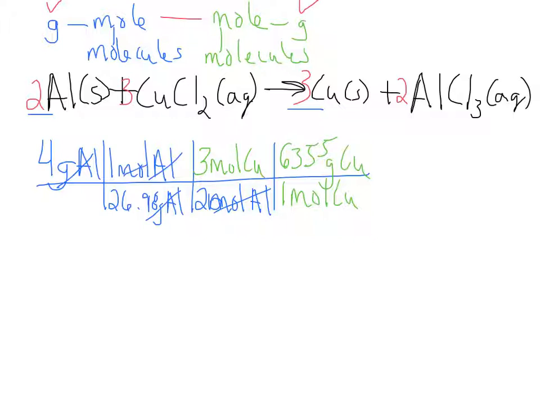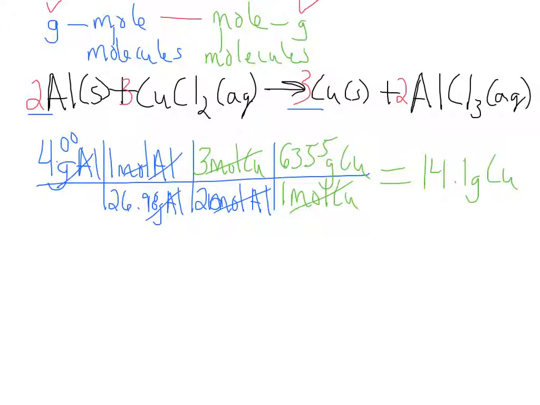And we're left with 14.1 grams of copper, and we'll give a couple other sig figs there, so 14.0 grams. Okay, so that's how we're doing it. Use this mole roadmap for every single calculation that you complete, and we'll do another example.